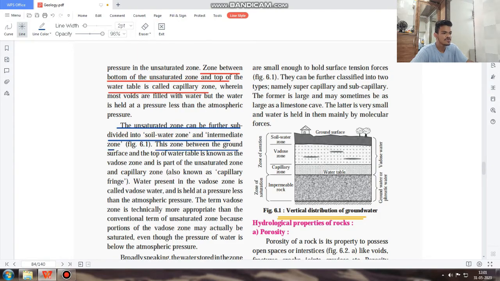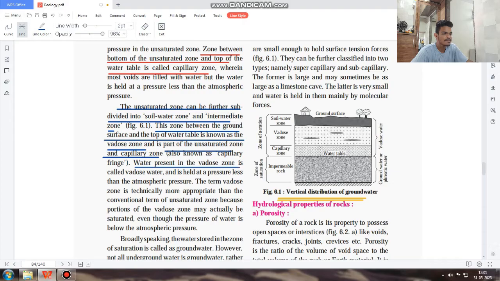The zone between the ground surface and the top of the water table is known as the vadose zone, and it includes the unsaturated and capillary zones. Water present in the vadose zone is called vadose water, and it is held at a pressure less than atmospheric pressure. That's it.